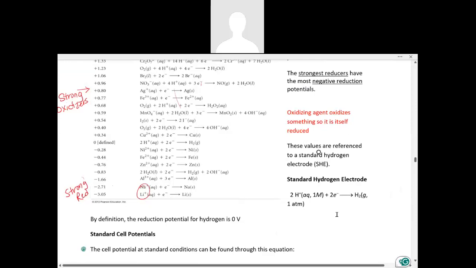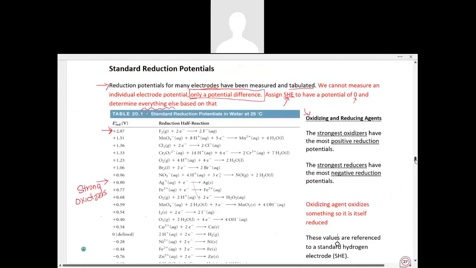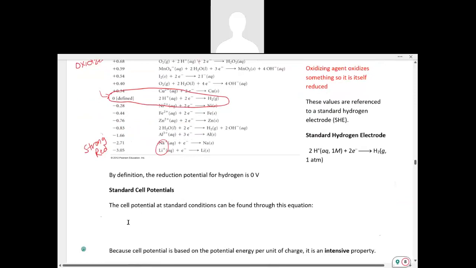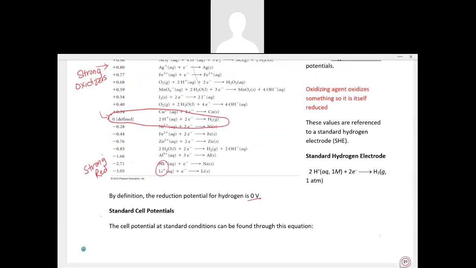Let's take a look a little bit above here. We see our table has a 0 value defined here for our hydrogen electrode. So this is our SHE, this is our standard hydrogen electrode. We define this as 0. So if we run another electrode, we can solve for that potential because we define the hydrogen as 0.